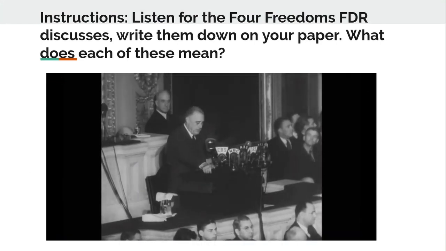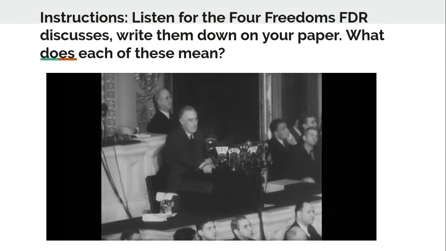This nation has placed its destiny in the hands and heads and hearts of its millions of free men and women, and its faith in freedom under the guidance of God. Freedom means the supremacy of human rights everywhere.